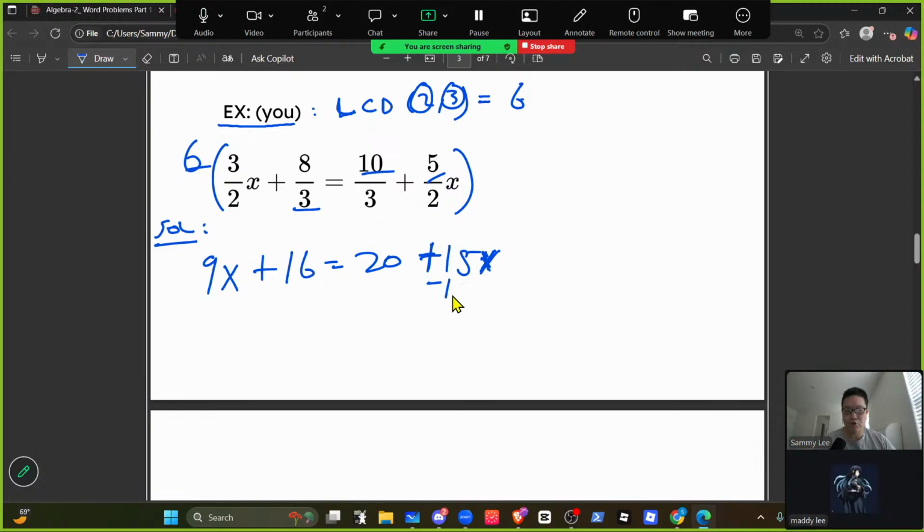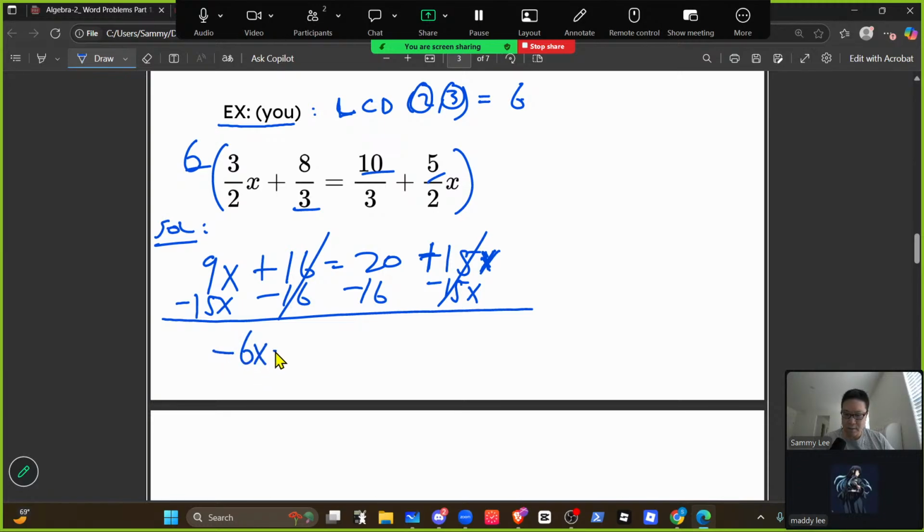So I'm going to subtract 15x from both sides to get x on the left side, and subtract 16 from both sides to move it to the right side. And when I do that, I end up with negative 6x equals 20 minus 16, which is 4.